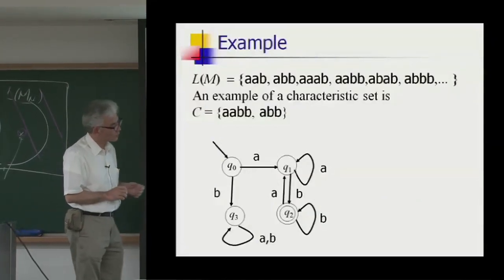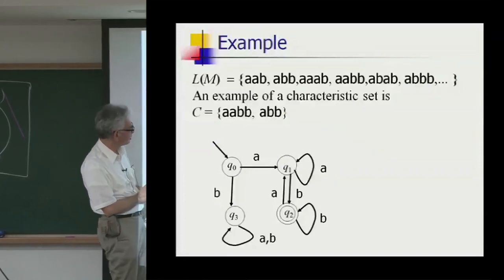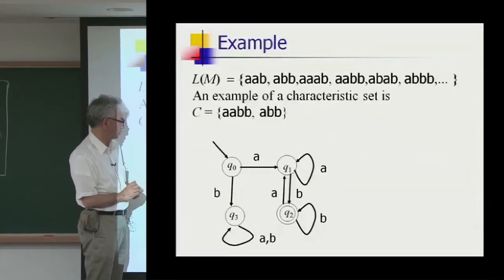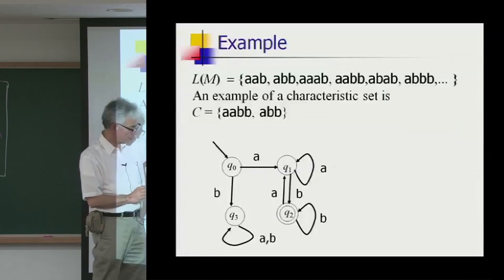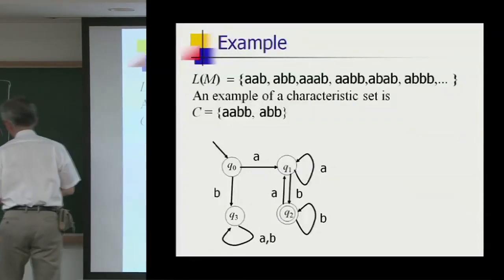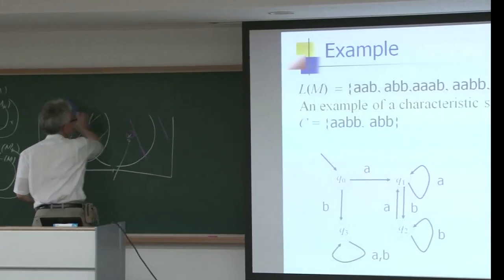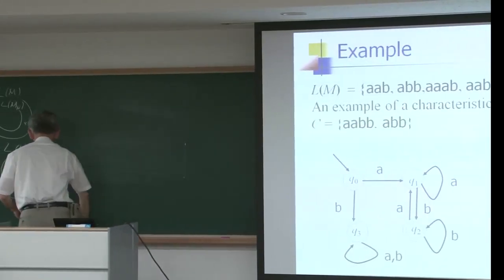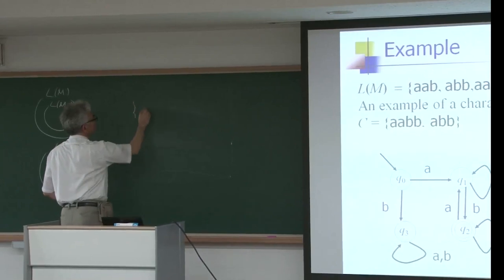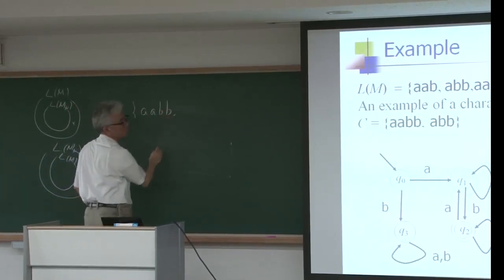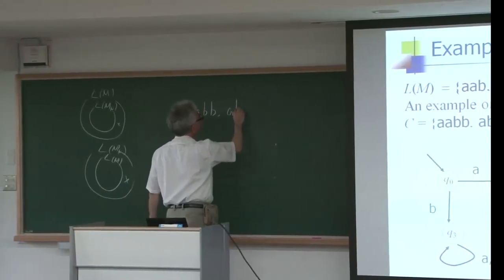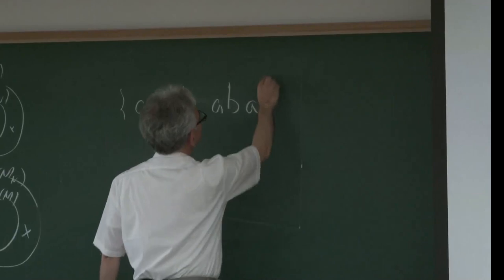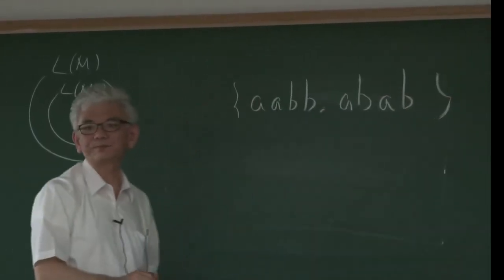So this here, something wrong. Something wrong, sorry. Correct one is B, A, B. Sorry, this one.